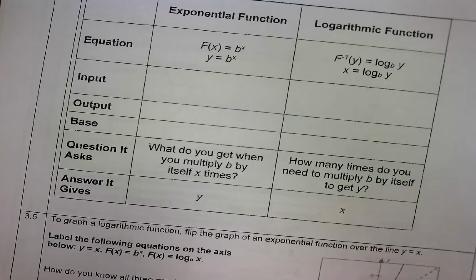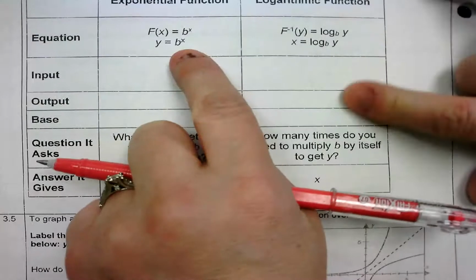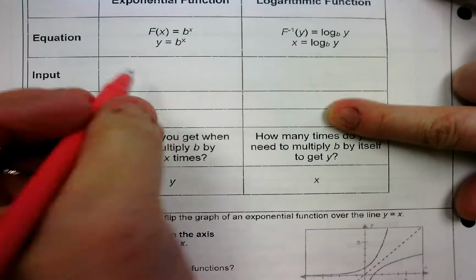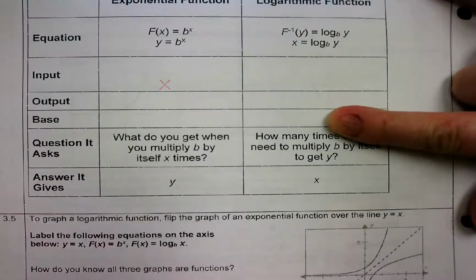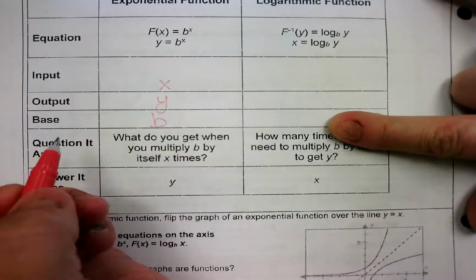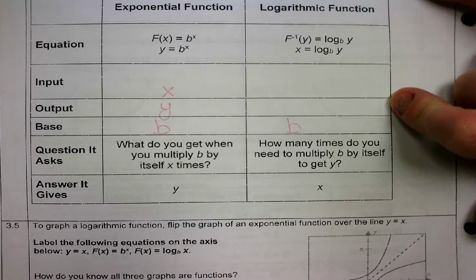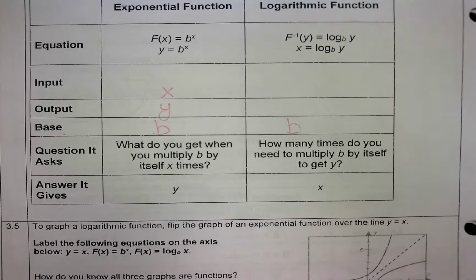So let's go ahead and look at our inputs and outputs for logarithmic functions and exponential functions. When we're talking about an exponential function, our input value is going to be x, and our output value is going to be y. B is going to be the base for both of these. But remember, a logarithmic function is the inverse of an exponential function, which means that your x and your y flip places.